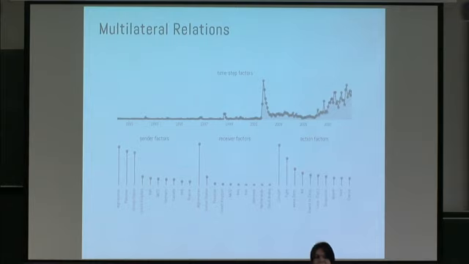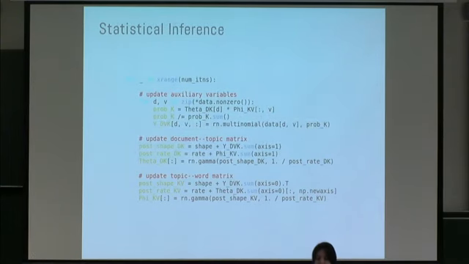We're instead discovering these multilateral relations that characterize who did what to whom when. So I'm not going to talk about inverting the generative process, but you can use either variational inference or Gibbs sampling, and we do have code available on GitHub that uses variational inference, and we're currently in the process of putting Gibbs sampling code online as well.